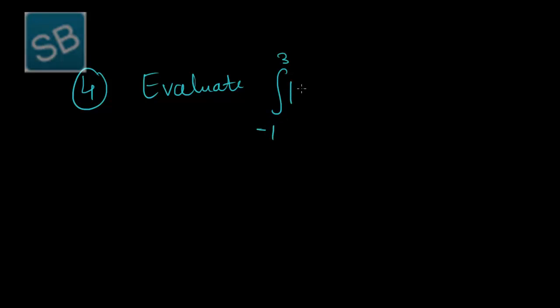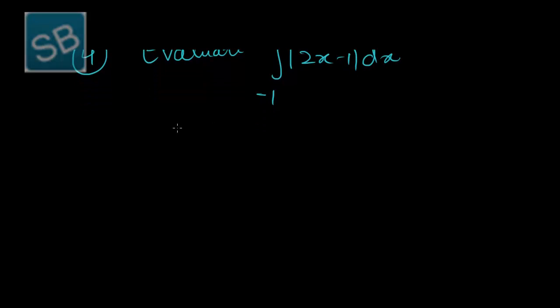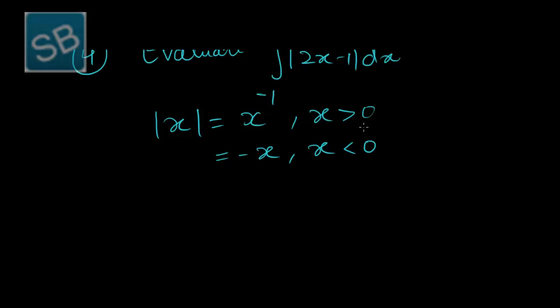So the next problem is evaluate the integration from minus 1 to 3 of modulus of 2x minus 1 dx. As we know that mod x is equal to positive x if x is greater than 0 and is equal to negative x if x is less than 0.